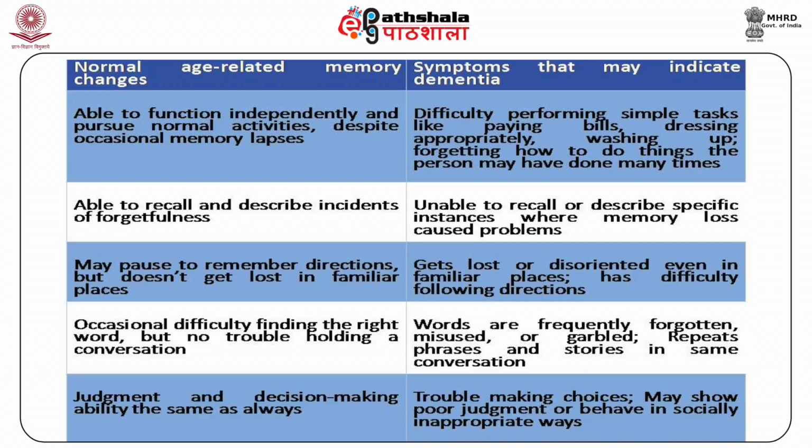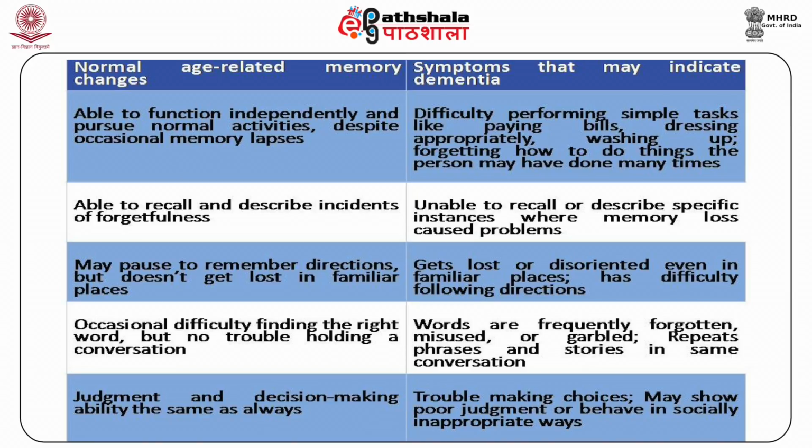Another difference could be that in normal aging process, the individual is able to recall and describe incidents of forgetfulness. However, in dementia, the individual is unable to recall or describe specific instances where memory loss is caused.